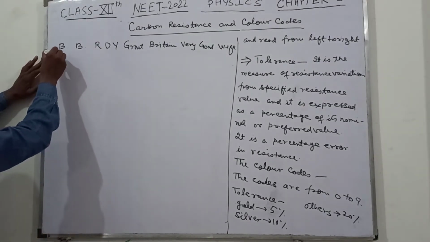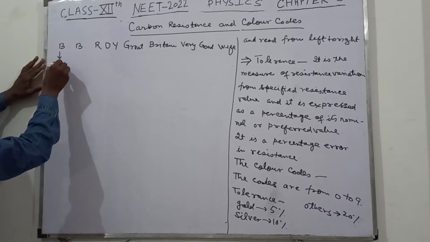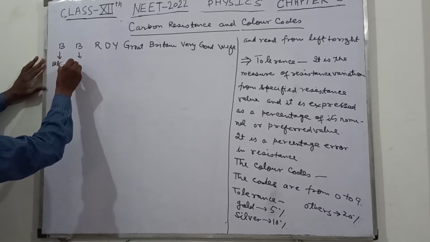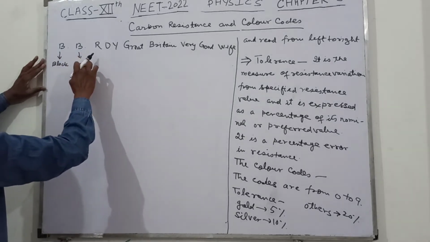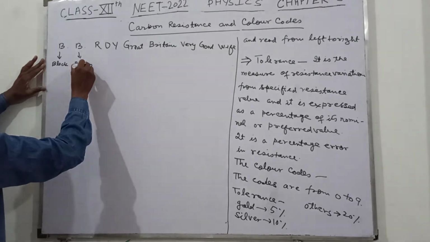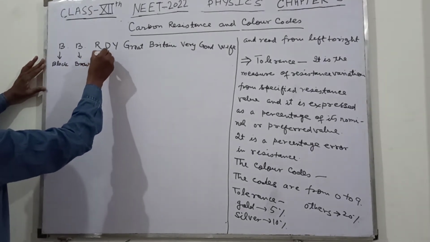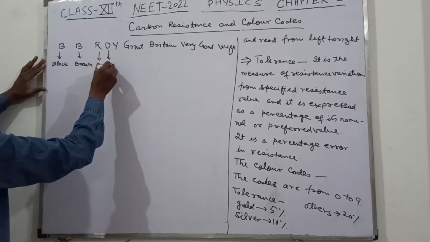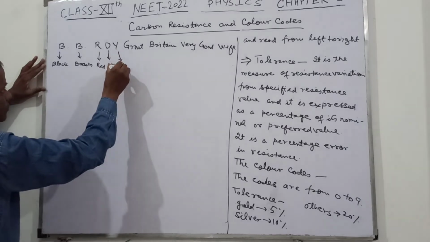B means black. This B means brown. This R means red. O means orange. This Y means yellow.